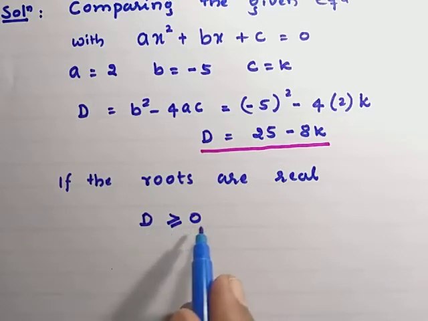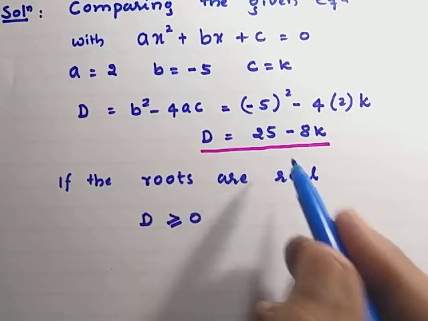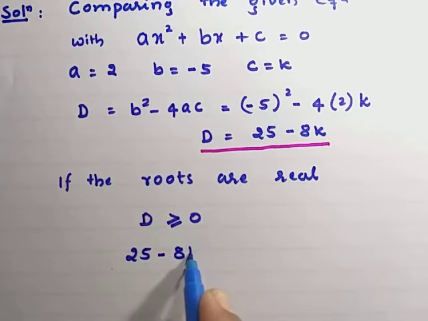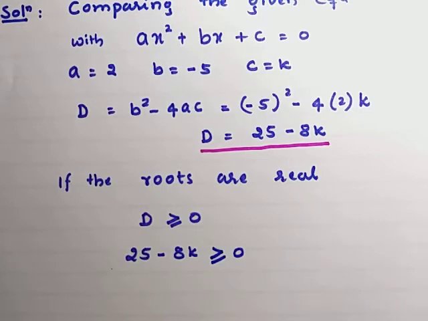This is the condition which you use regularly. That means 25 minus 8k is greater than or equal to 0.